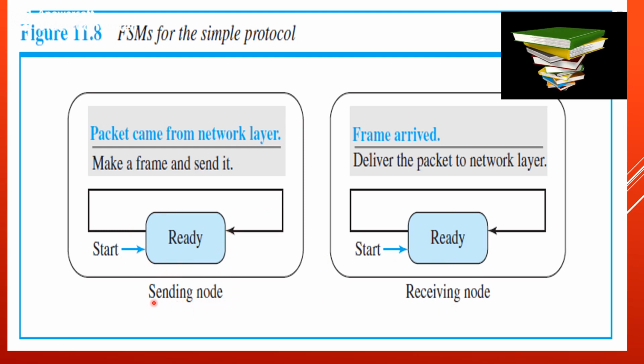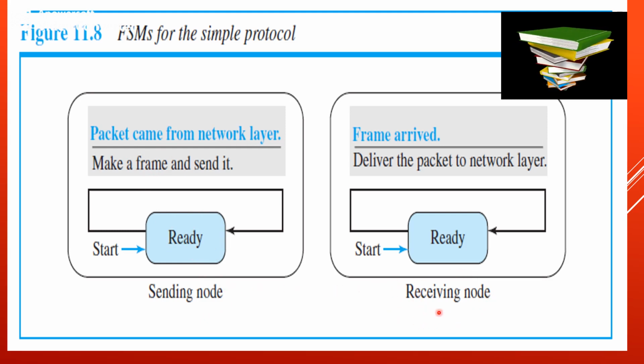So we know that the initial state at the sending node is nothing but the ready state. So it remains in the same state until the request comes from the network layer. So whenever the packet arrives from the network layer into the data link layer, it receives the packet and it will encapsulate the packet into a frame. After encapsulating the packet into a frame, the sending node will send the data to the receiving node.